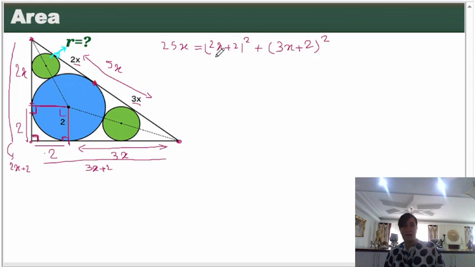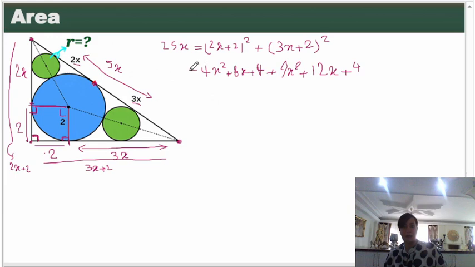Okay, so I expand this parenthesis, which is 4x squared plus 8x plus 4, plus here would be 9x squared plus 12x plus 4.